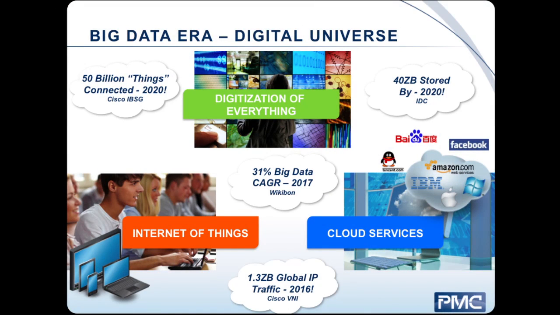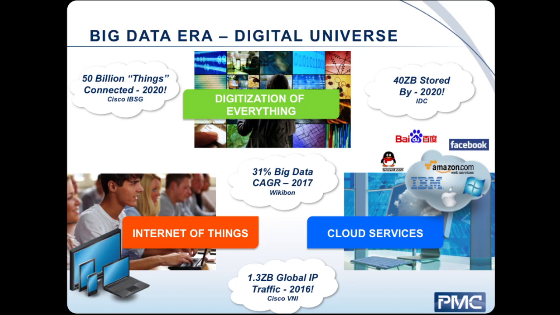So back a little bit to the big data. What's a little bit different this time in this new digital universe is that we not only have one new client device that's driving this type of data growth and new users and new applications.